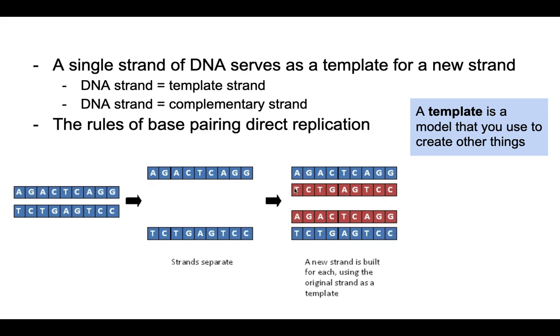A complementary strand, just like the name suggests, complements the original DNA strand, and it complements it by following the base pairing rules. Let's take a look. The original strand had the following sequence of base pairs: adenine, guanine, adenine, cytosine, and so on.